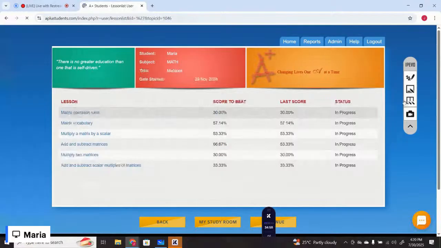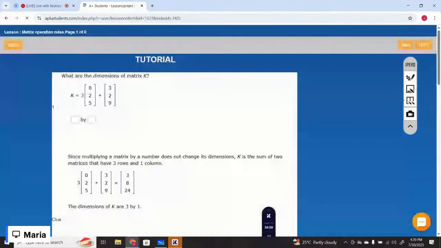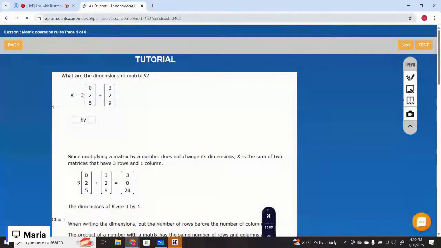Okay, let's start with the first lesson, matrix operation rules. What are the dimensions of the matrix K? So K equals 3 times the first matrix plus the second.